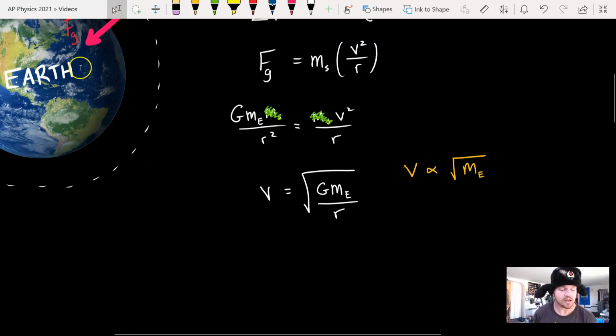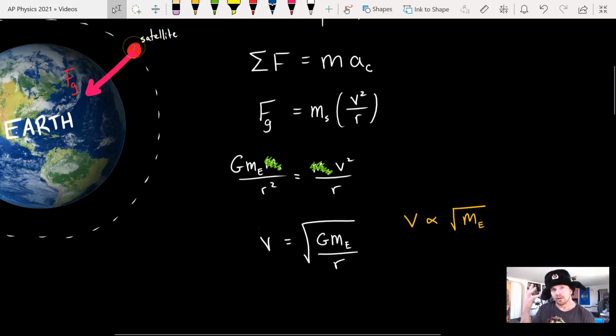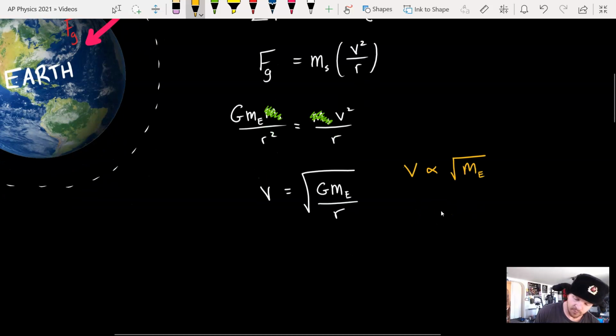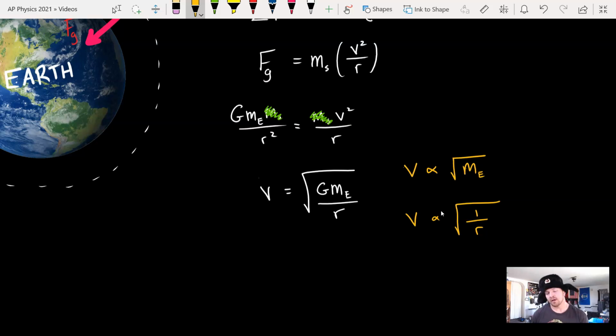Whatever thing is actually pulling on the satellite or the object that's orbiting, that's what it's proportional to, right? It's also proportional to the inverse of the distance between them. So we could say that orbital speed is inversely proportional to the square root of the radius, right? The square root of that distance between them.